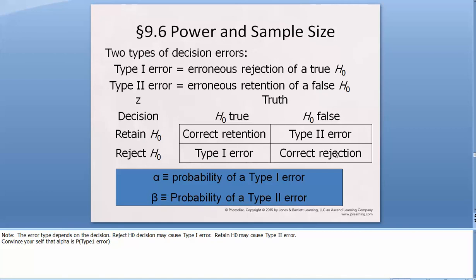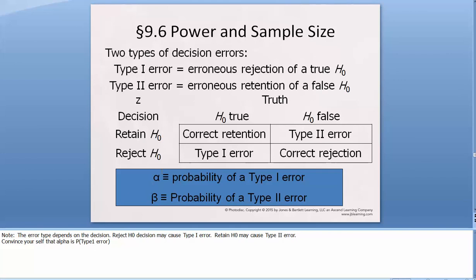So the actual mu value determines beta, or at least it is one factor which determines beta. Because of that, we never can figure out beta. Luckily, we can figure out alpha. So as an experimenter, you can say, I'm willing to take a 5% chance of rejecting H null even when it is true. We do not know when it is true.